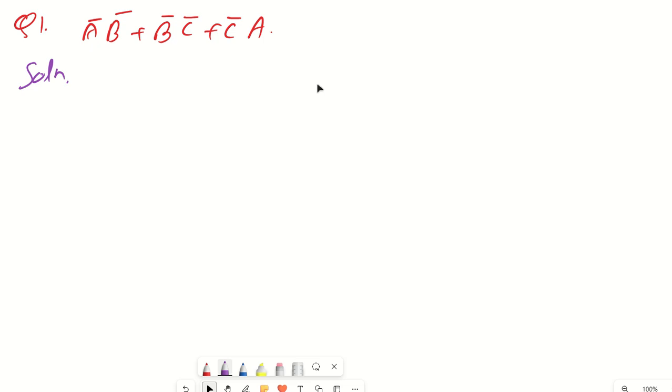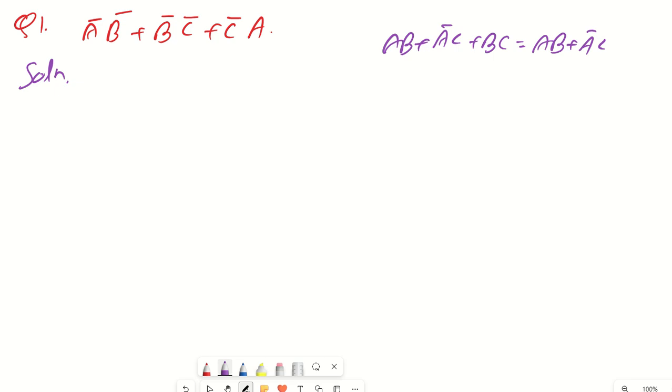You already know that the consensus theorem was what? AB plus A bar C plus BC is equal to AB plus A bar C, since BC will be redundant.